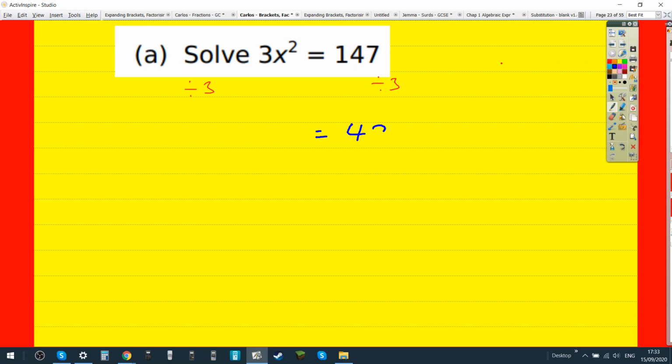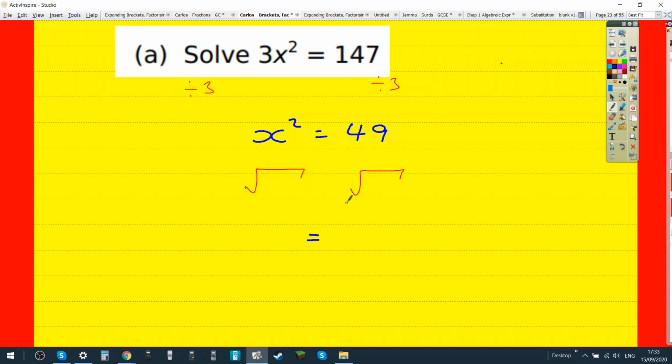And then how do you take away a square? What is the opposite of squared? Square root. Okay.